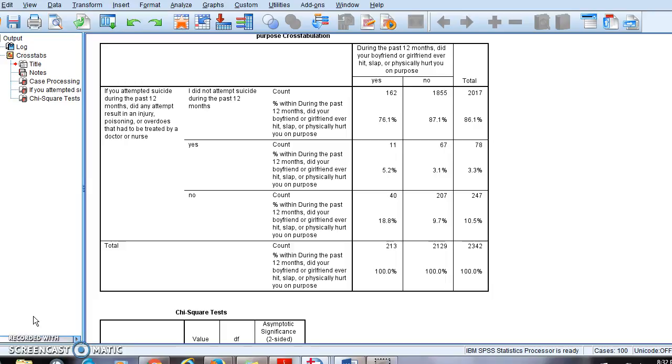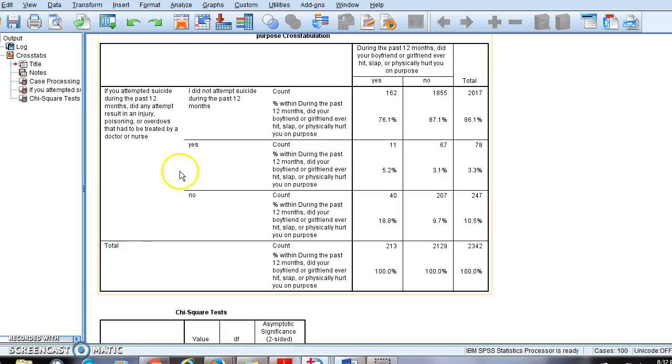However, these students responded to the second question, no. So no, they did not attempt suicide during the past 12 months, and since they did not attempt suicide, there was no injury, poisoning, or overdose that had to be treated by a doctor or nurse.